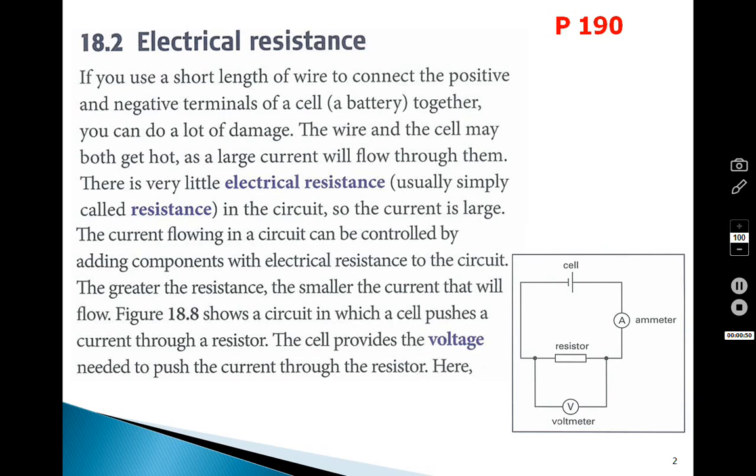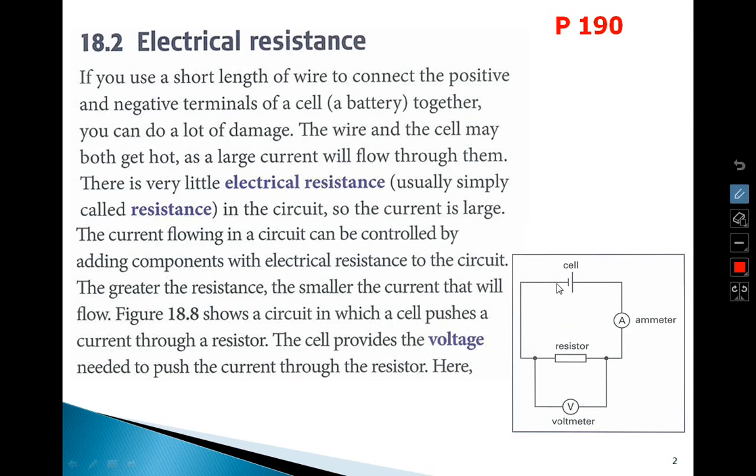Actually, if you are going to use a short length of wire to connect a positive and negative terminal of a cell, as we can see in this figure here, this cell could be a cell, a power supply, a battery, or anything to deliver or push current to move through the circuit.